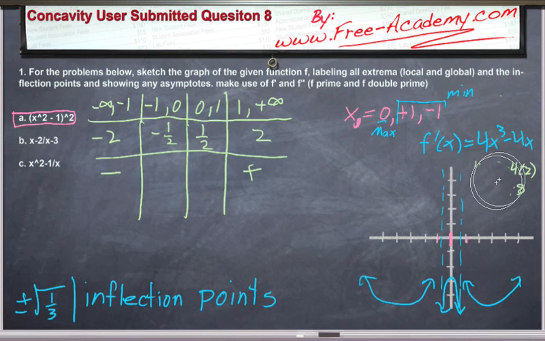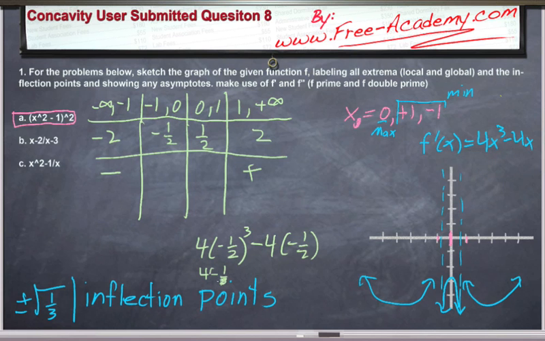So we took care of those quickly. Now let's do 4 times negative 1/2 cubed minus 4 times negative 1/2. This is going to be equal to, I'm running out of room here, 4 times negative 1/8 minus 4 times negative 1/2, which is going to equal positive 2.